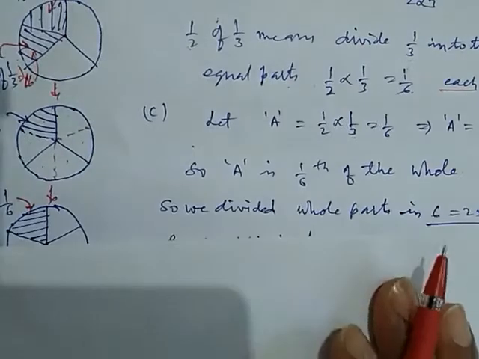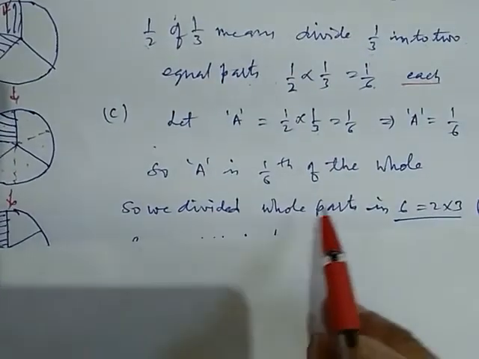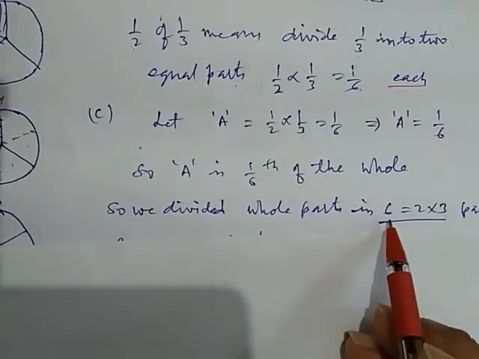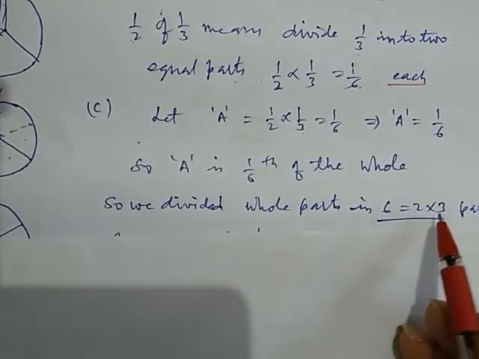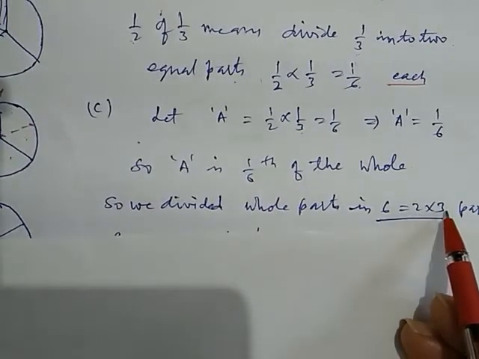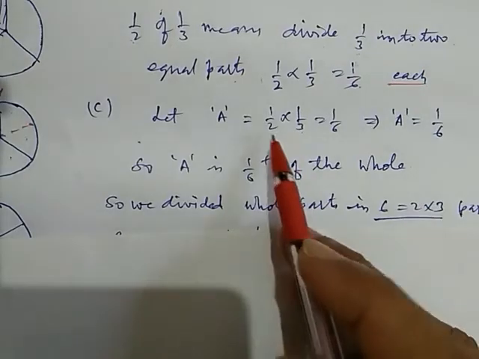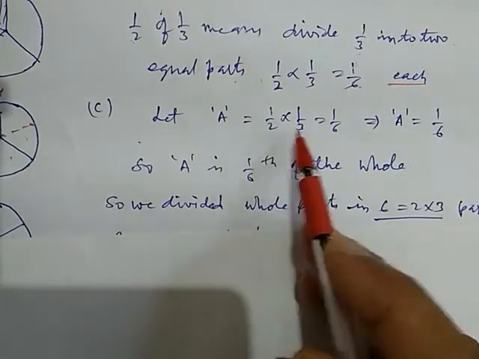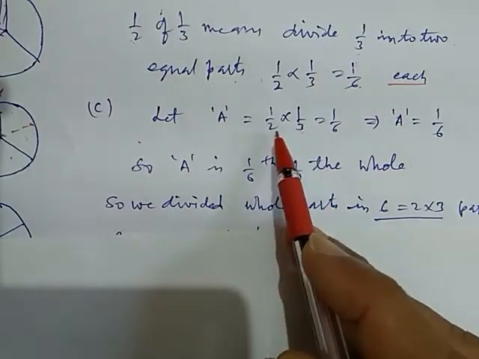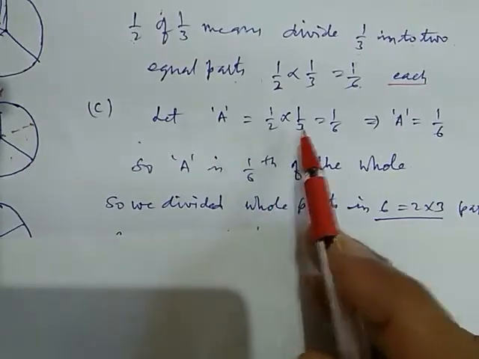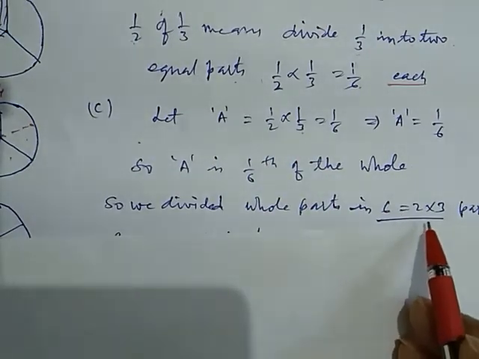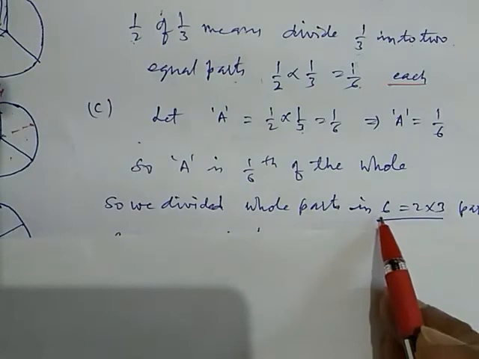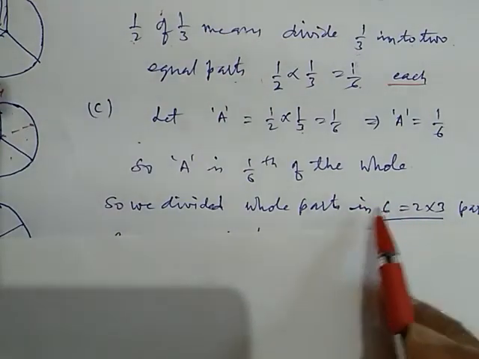So we divided the whole into 6 parts. How do we make this? By 2 into 3, the denominators 2 and 3. When we multiply these, the total value is 2 into 3 equals 6. That is the total number of parts of the single figure.